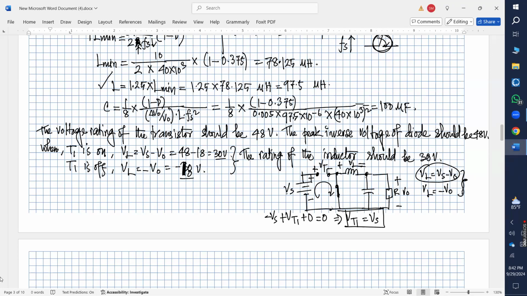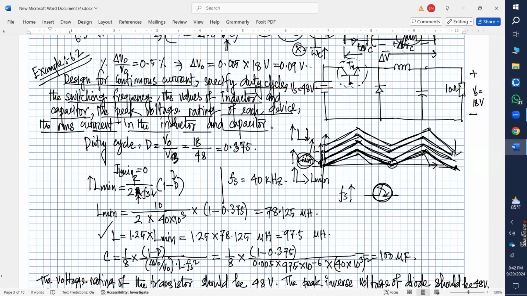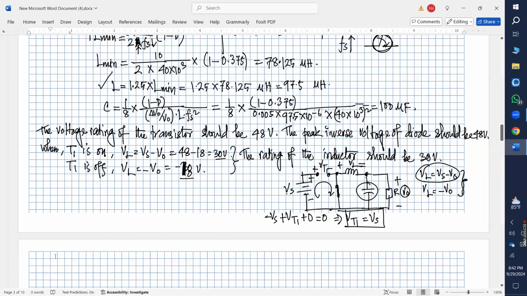Now your capacitor is always connected to the load, right? And this output voltage, we are always keeping at 18 volt. So what should be the capacitor value? Capacitor rating? 18 volts.